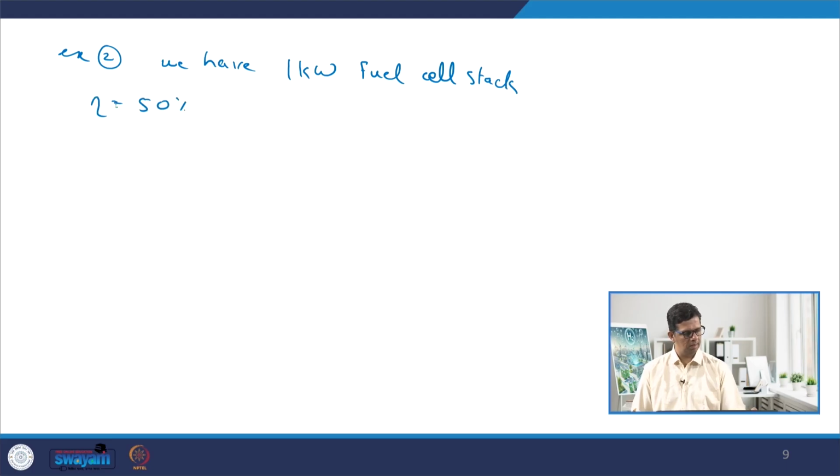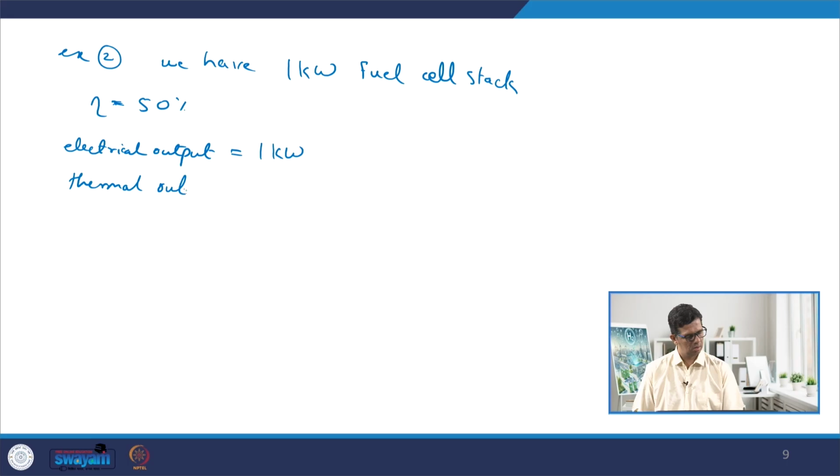Let us take the same numbers, and if 50% is the efficiency and the electrical output is 1 kilowatt, which means the thermal output is also around 1 kilowatt. Now, this is a considerable heat, and if you do not pay attention to this heat that is released from the fuel cell stack, then there will be issues.